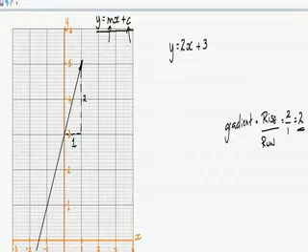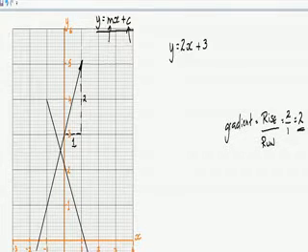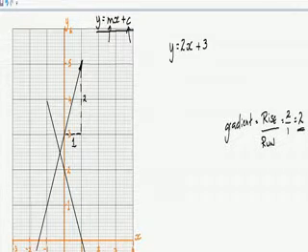So let's do another line. So let's say we have a line that does that, for example. So again, y equals mx plus c.